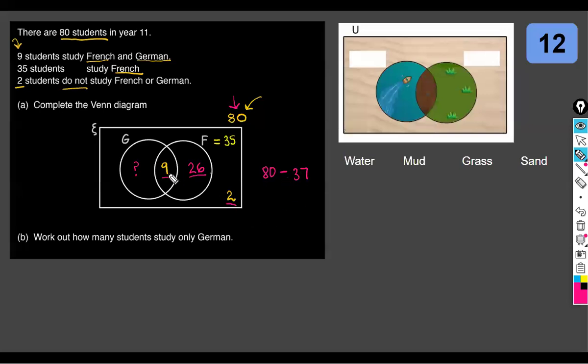Once again, I added the 9, the 26, and the 2. That gave me 37, and I subtracted it from the total. A lot of people are telling me it's 43. It is 43.